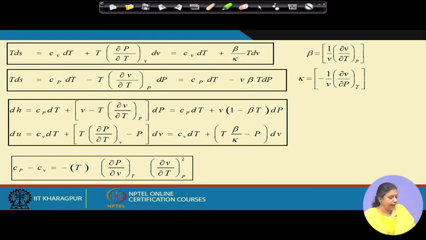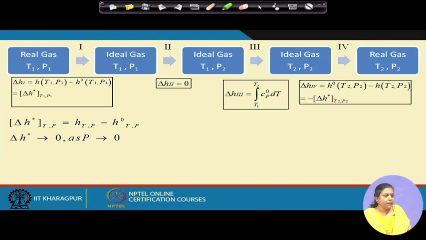I would also like to remind you that while we were discussing this, we found out that the behavior of real gases can very well be described with respect to the ideal gas behavior with the definition of residual properties or departure functions. We had discussed the evolution, or the definition, of these departure functions.